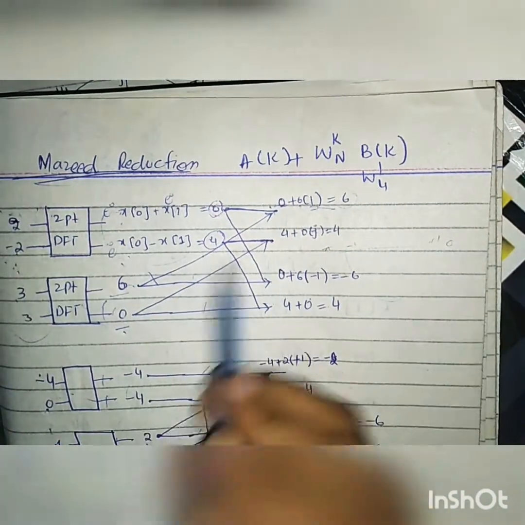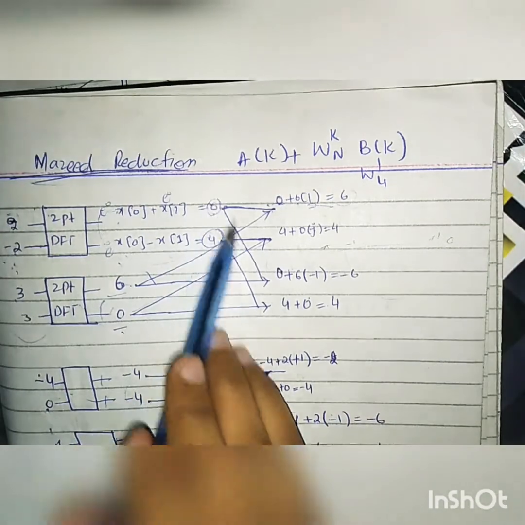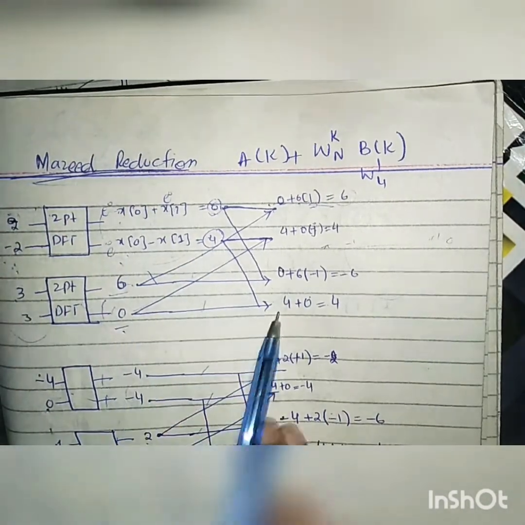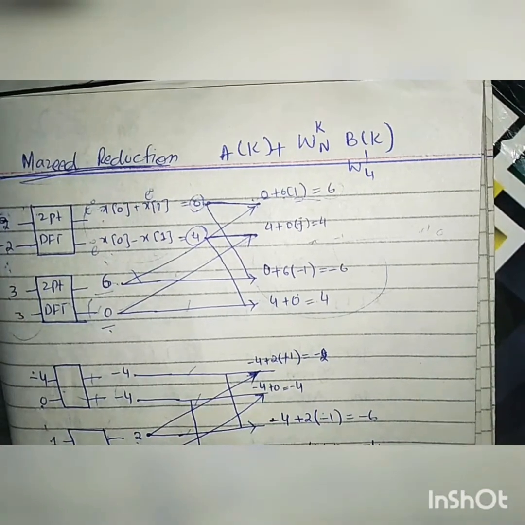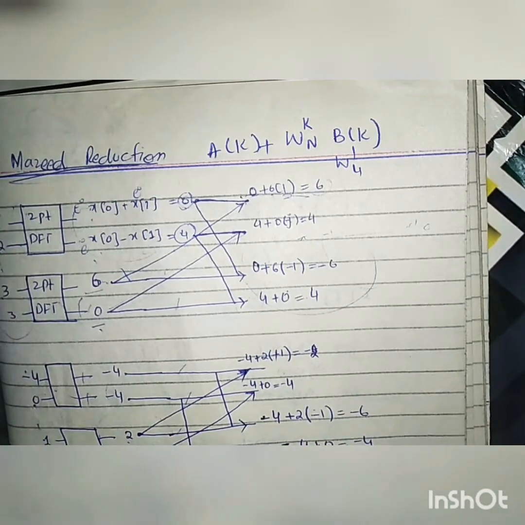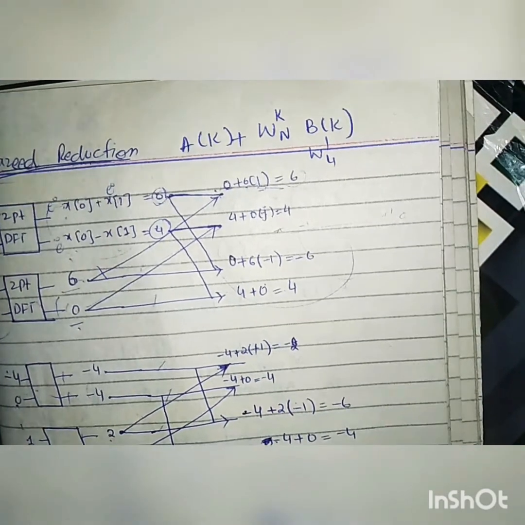Again for this term it will be like this, and for this term it will be multiplied like this, and it will be multiplied like this. So we are again using these formulas, applying these formulas and finding out our values.